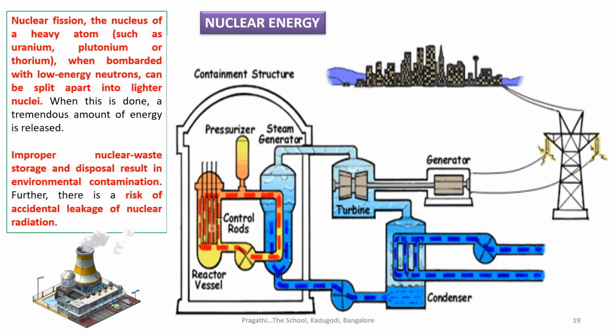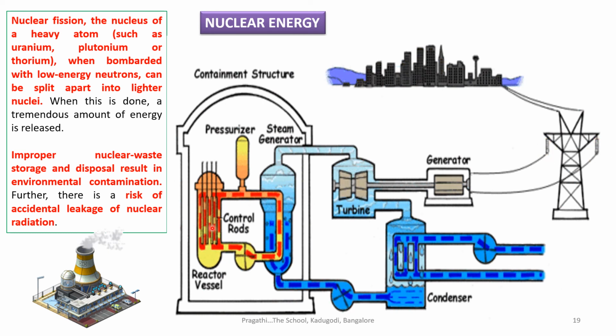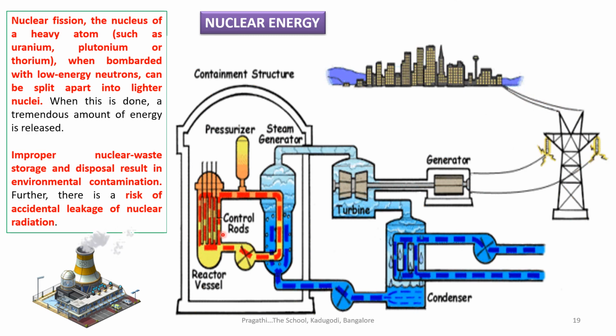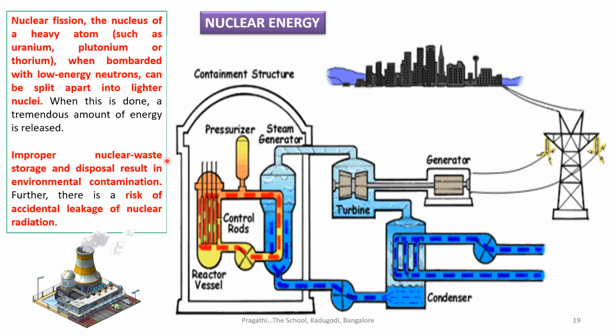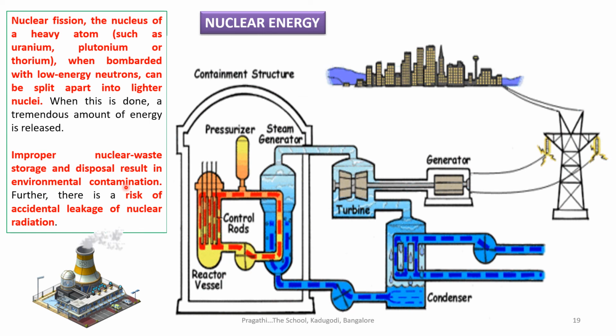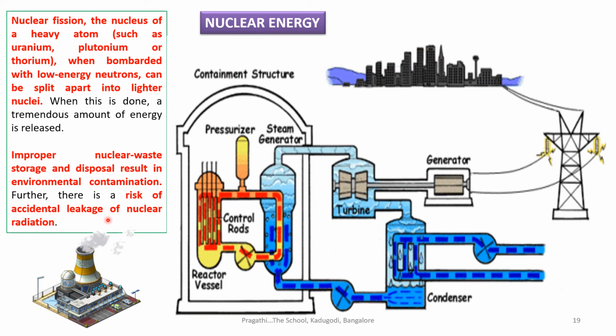We have to store them, and hand them over to the government in a very neat manner where the radiation should not happen. If a leak happens, then there will be radiation. That's why improper nuclear waste storage and disposal result in environmental contamination. Further, there is a risk of accidental leakage of nuclear radiation. So we need to keep this in mind.